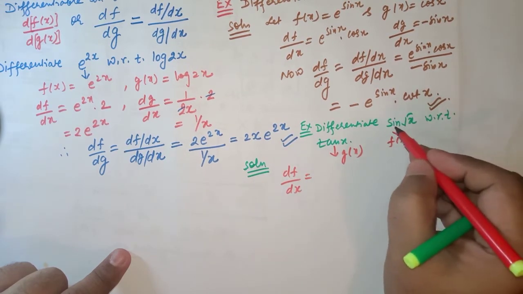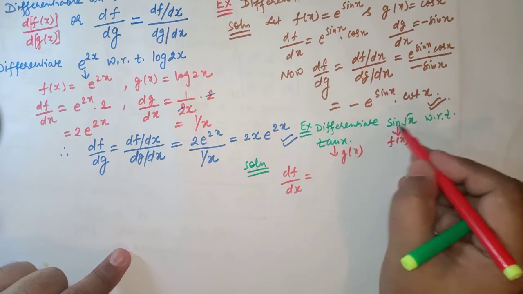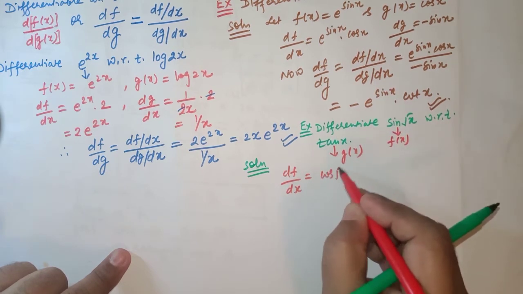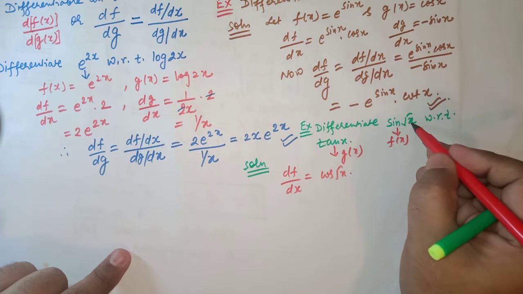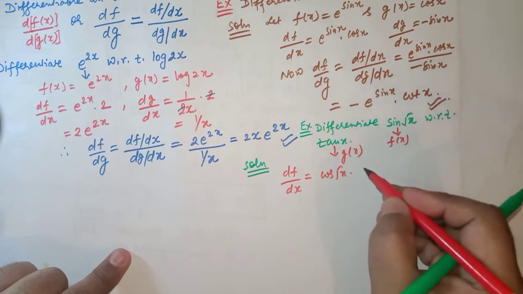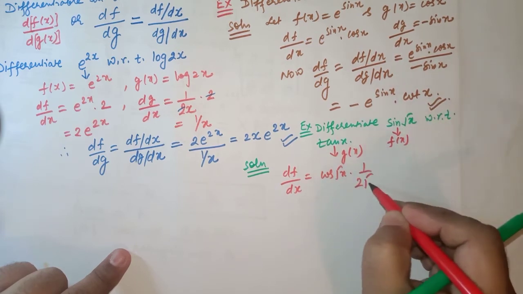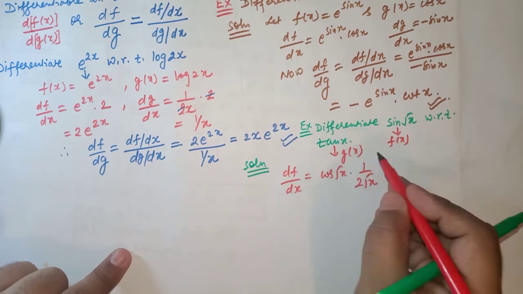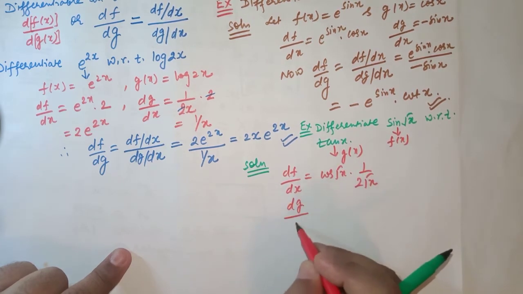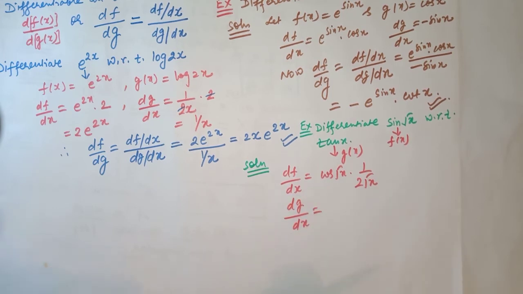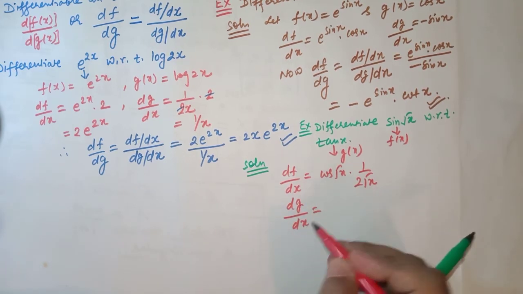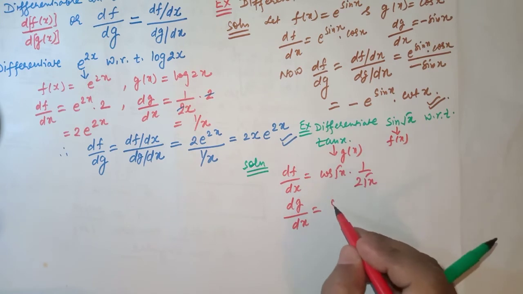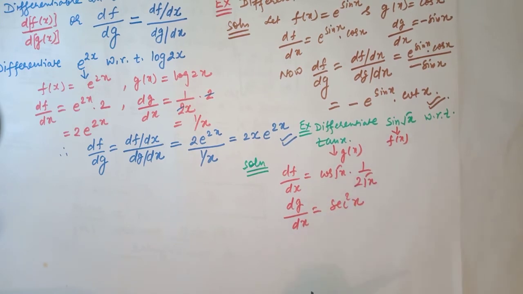So the derivative of sine root x: the derivative of sine is cos root x, and the derivative of root x, or the square root of x, is 1 over 2 square root of x. Similarly, dg by dx, that is the derivative of g with respect to x, is the derivative of tan x, which is secant square x.